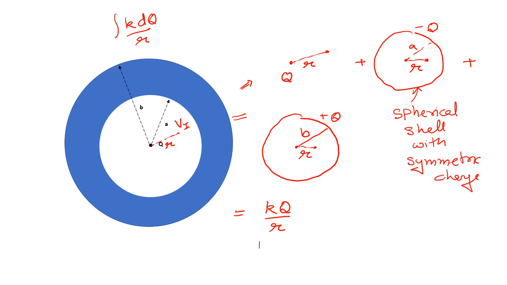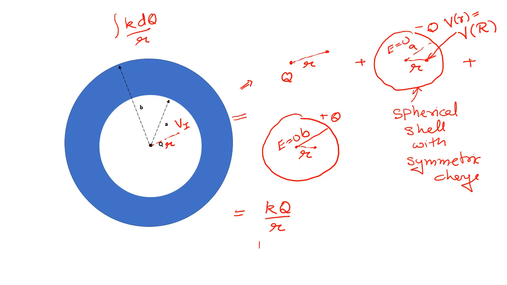And as we have seen before, potential inside a spherical shell, V at any r, is simply V at the radius of that shell. Whatever potential I see at the radius is the same potential I get at the center, because there is no electric field. For this specific problem, there is no electric field.